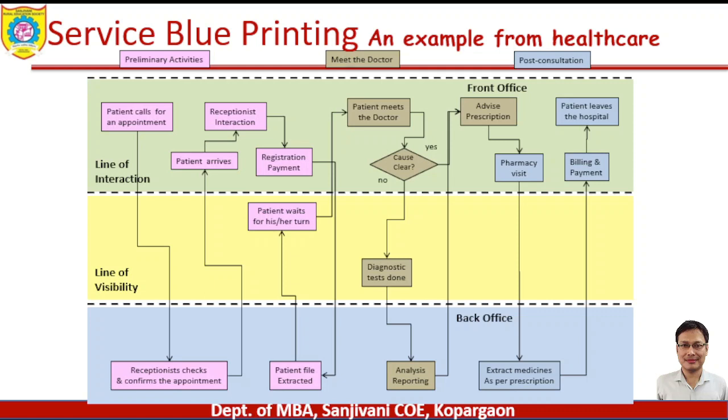Like the patient first calls for an appointment to the receptionist, gets an appointment, comes to the healthcare place, enters the reception area, interacts with the reception, confirms the appointment, and makes the registration by paying the registration fees. Then the patient might wait for some time until his or her turn comes.